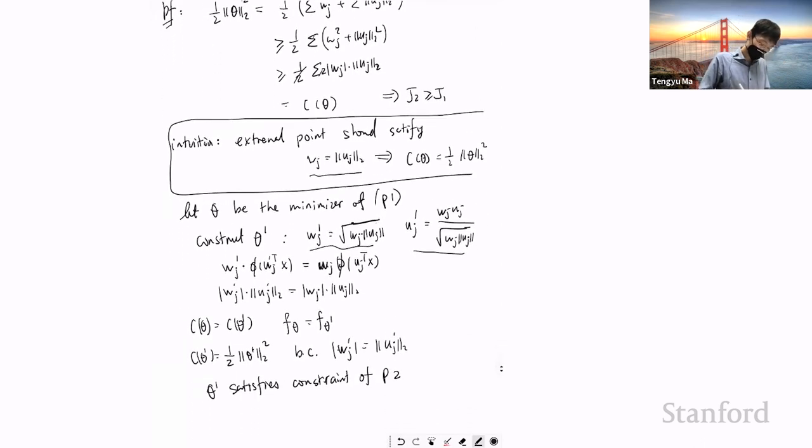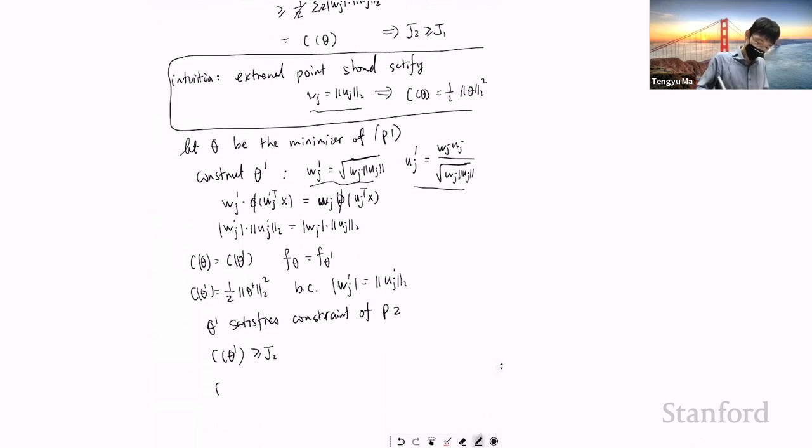So that means that C theta prime is bigger than J2, right? And C theta prime is equal to a half theta prime square. Okay, what is this equal to?